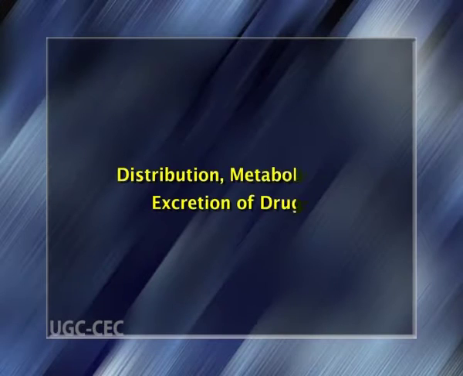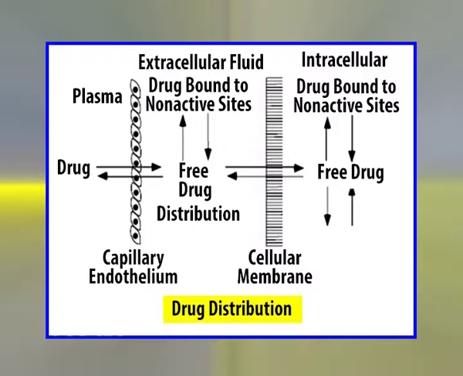Coming to our third objective, that is to study in detail the distribution, metabolism and excretion of drugs. Once a drug is absorbed into the bloodstream, it can be carried throughout the body. This process is called distribution and it is a reversible process.